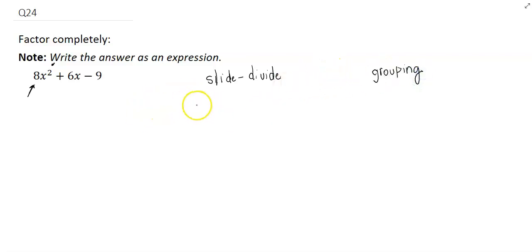Okay, slide divide tells me to do this. So I have a trinomial where the lead coefficient is 8. I slide the 8 right here and multiply. Then I rewrite this as x squared plus 6x minus 72.